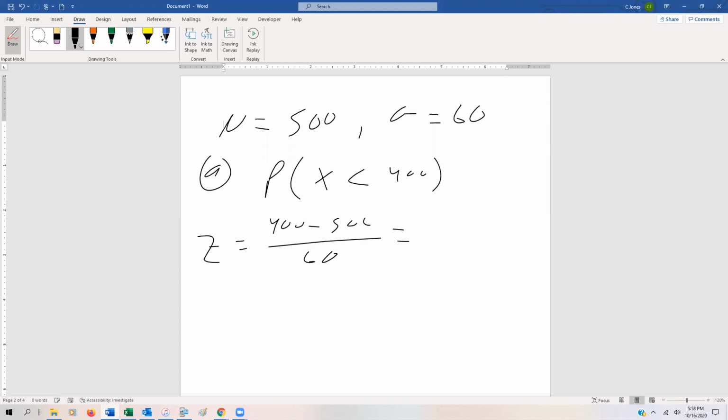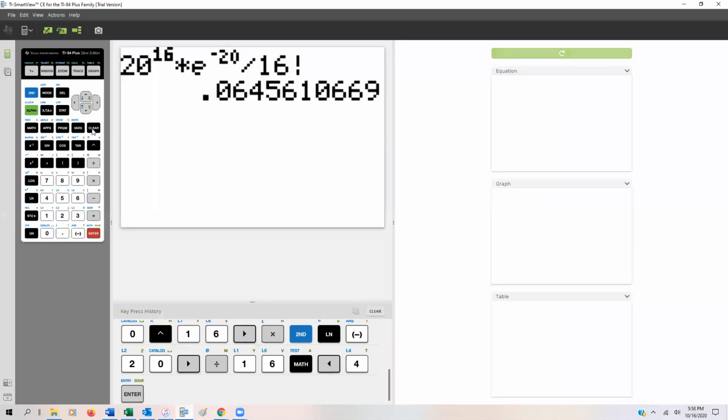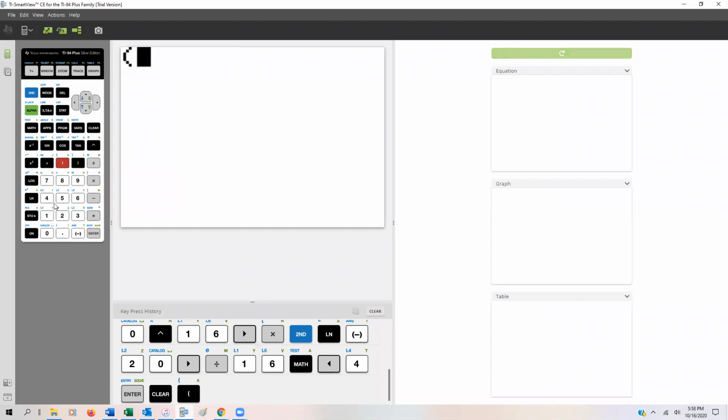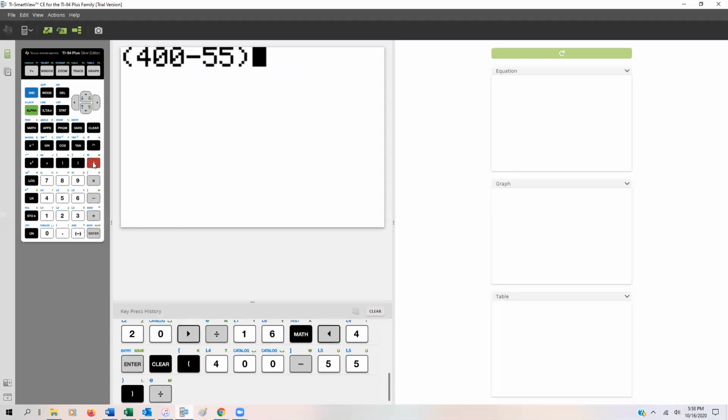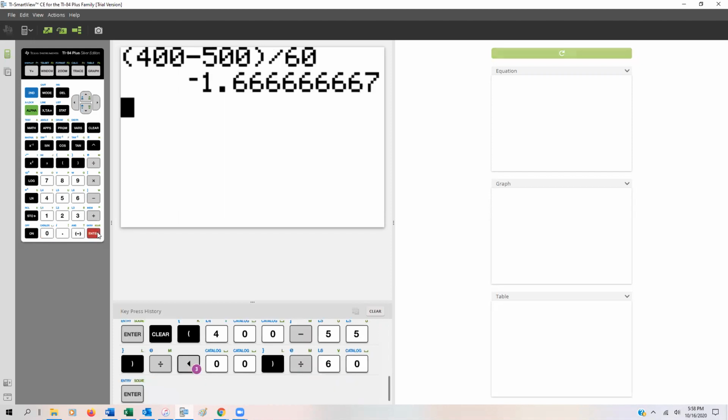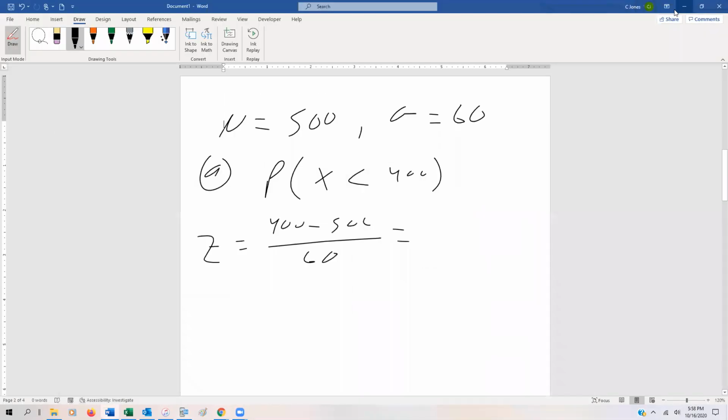That's 100 over 60, or 5/3, which should be 1.66, but let's throw it in the calculator. Parenthesis 400 minus 500, close parenthesis, divide by 60, and we end up with negative 1.67.